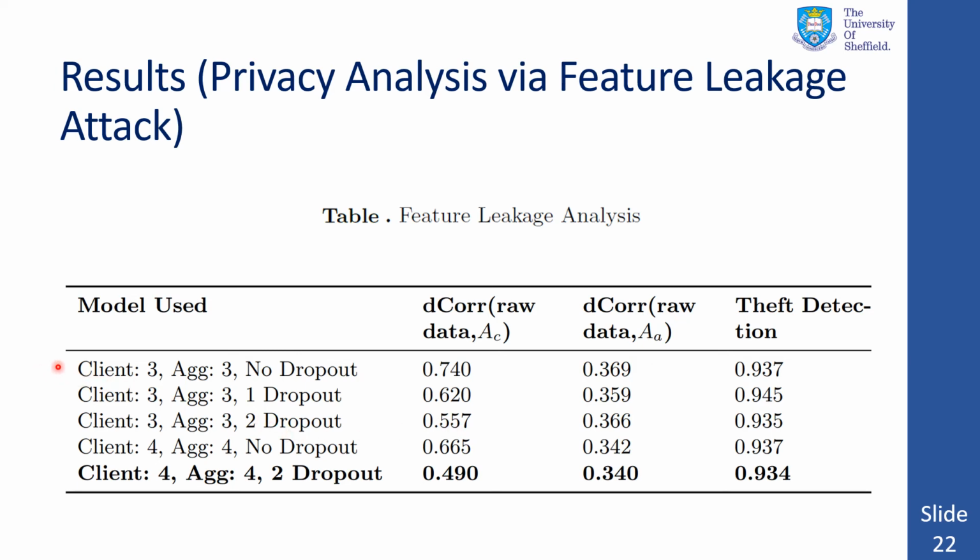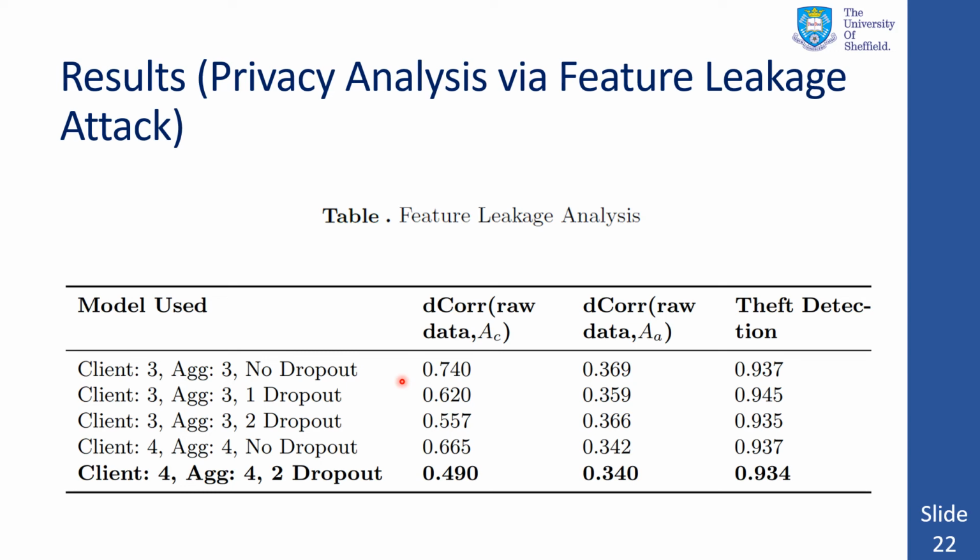In the first set of experiments, we used a model of 3 layers at the client side and 3 layers at the aggregator side, with no dropout layers in between. And as you can see, the distance correlation between the raw data and the outputs of the clients is very high, which is 0.74.